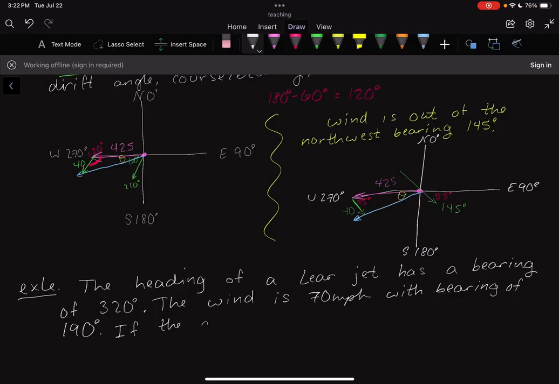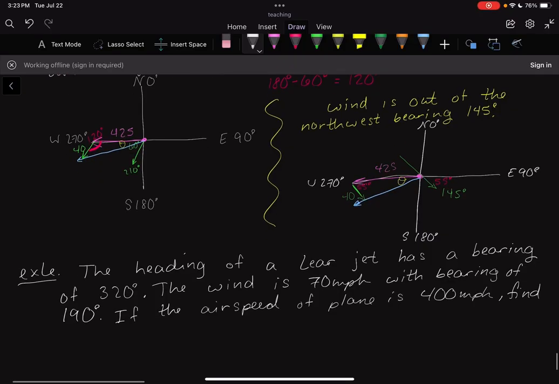If the airspeed of the plane, or the jet, whatever, is 400 miles per hour, find, and we're going to find all the regular stuff, ground speed, drift angle, all that.